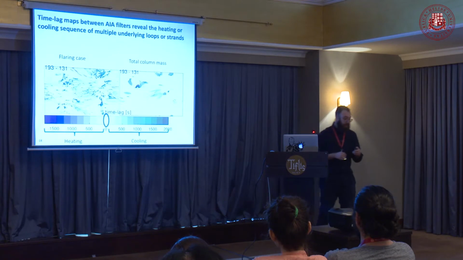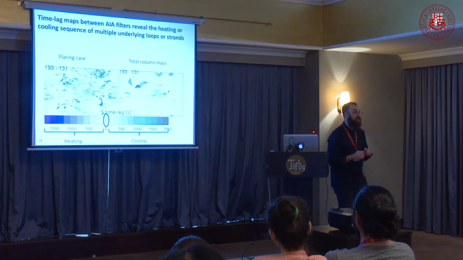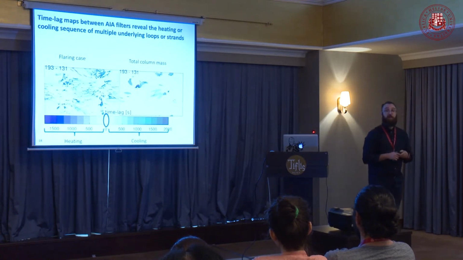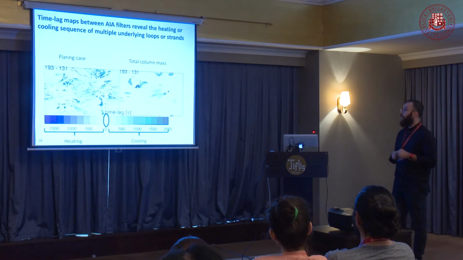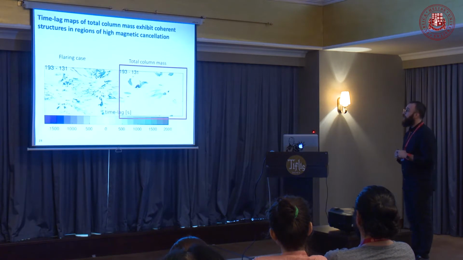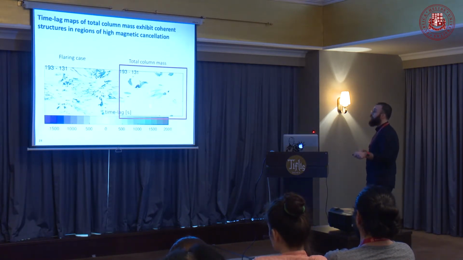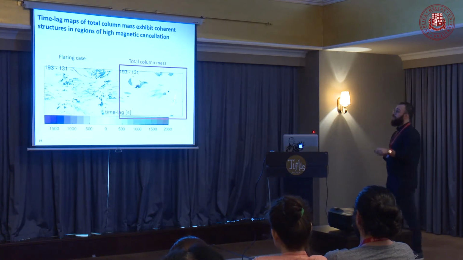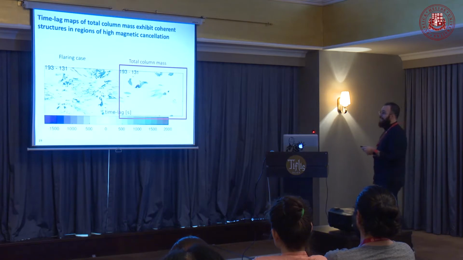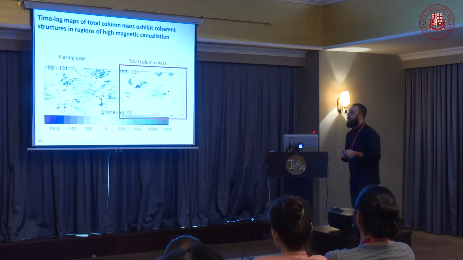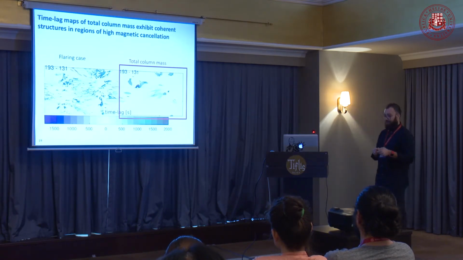Cooling in this specific case is represented with green shades, while heating is represented with purple shades. In the case of the total column mass, we see coherent structures in the middle, between the two polarities. We also see that the negative time lag heating is not so apparent.